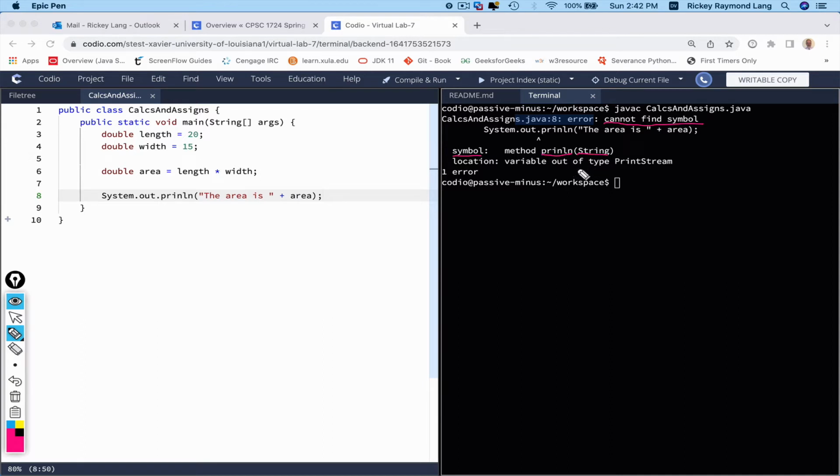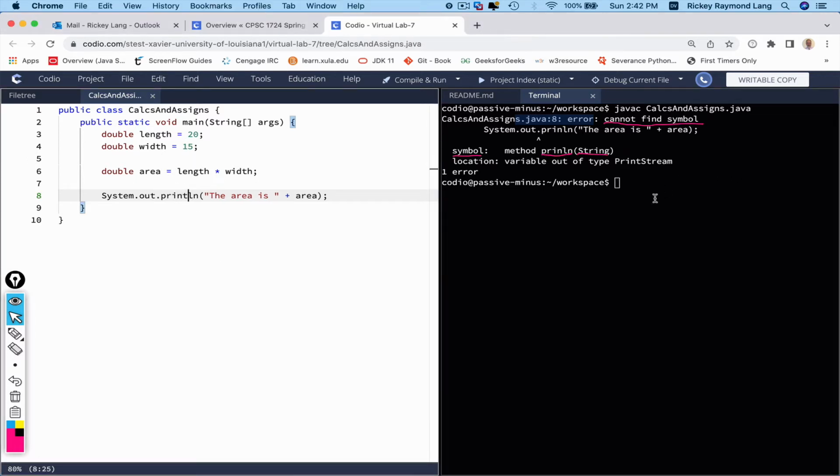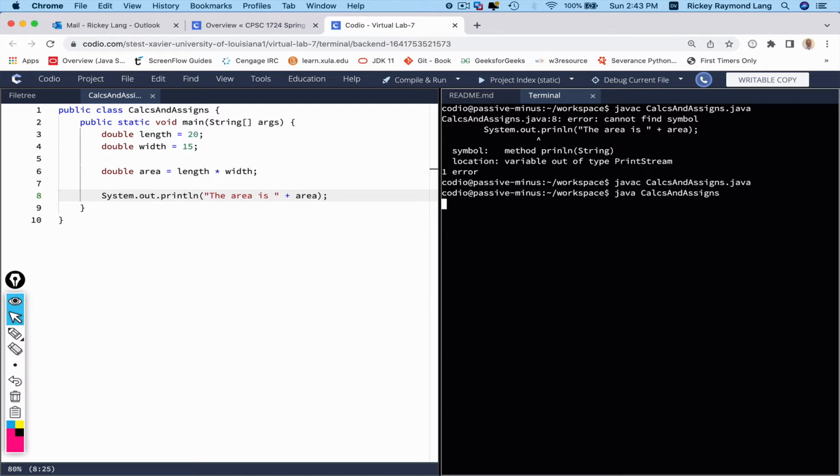That's why it can't find it, because it's misspelled. So come back to that and fix the mistake. Try it again. Once it compiles without errors, you can execute it. And there it is. Sure, 15 times 20 is 300.